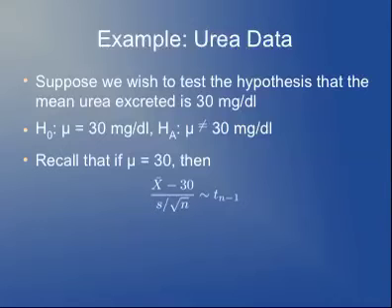So recall that if mu is equal to 30, then we can use this formula where we have x bar minus mu over the standard deviation divided by the square root of n. And this is t distributed with n minus 1 degrees of freedom. Why we're using a t distribution is because we don't know the population variance or standard deviation.